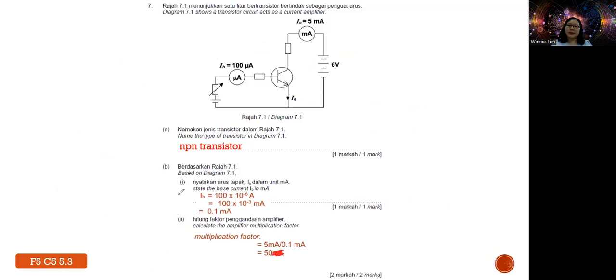Now, let's say you try other questions and they ask you to calculate the amplification factor, and they didn't ask you to change your microampere to milliampere. So they just ask, what is the amplification factor? IC over IB, right? You can just straight away write 5 times 10⁻³.